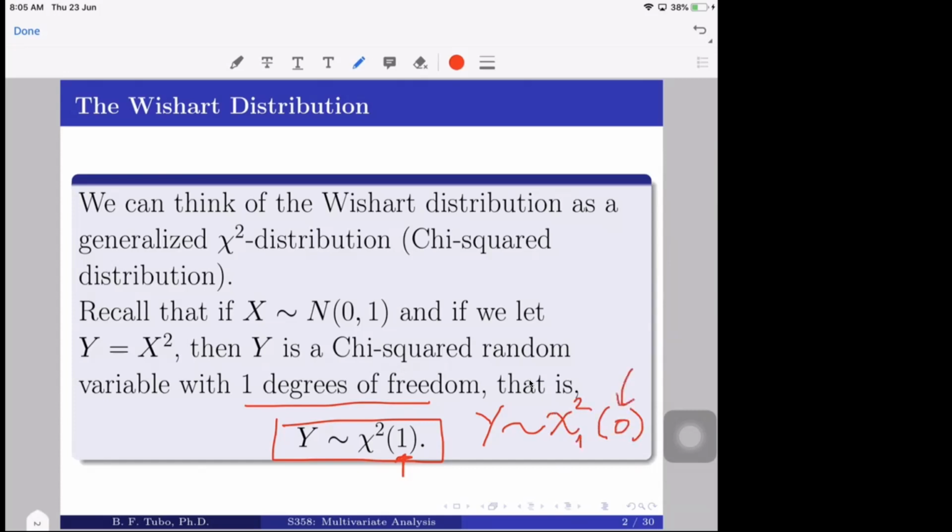If the centrality parameter is 0, we just delete this part and we write it in this manner. The centrality parameter is usually denoted by delta. So if the random variable is not central, it will have a non-centrality parameter denoted by delta. So we write it in this manner.